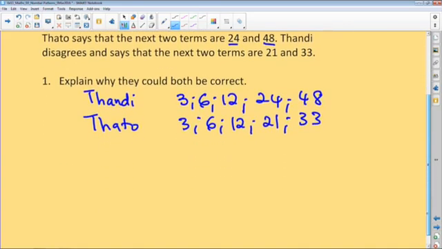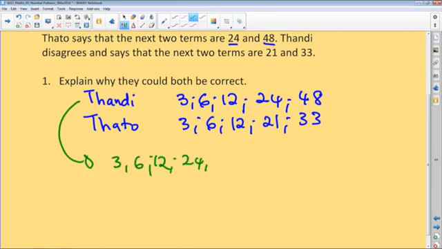Now, if you take case number 1, Thandi is 1. She's got 3, 6, 12, 24, 48. She is thinking, I am multiplying this by 2 to get a 6.